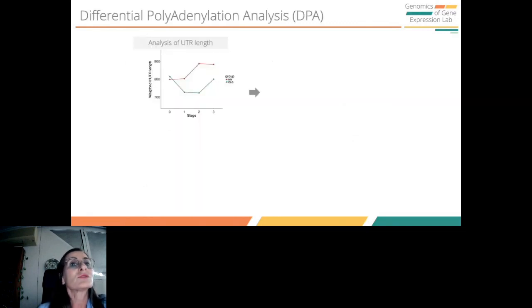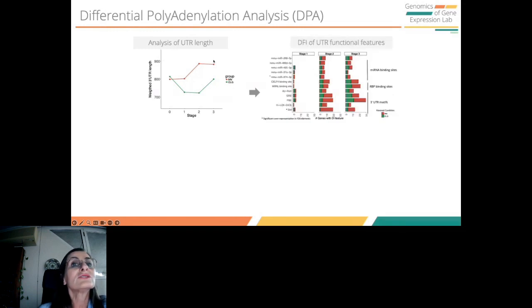And finally, something else we can do with TAPAS is the analysis of the length of the UTR. For example, here we are comparing motor neurons and oligodendrocytes. We see that in general, motor neurons have longer UTRs. This is associated to the inclusion of a number of sites.